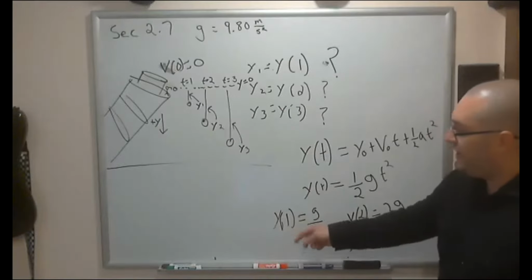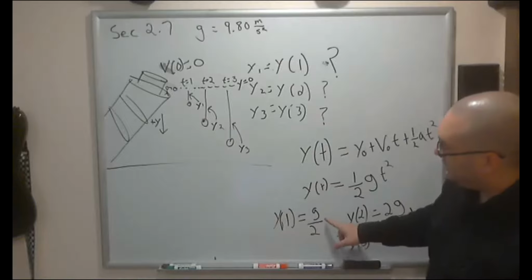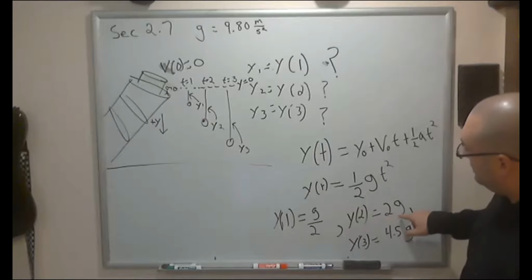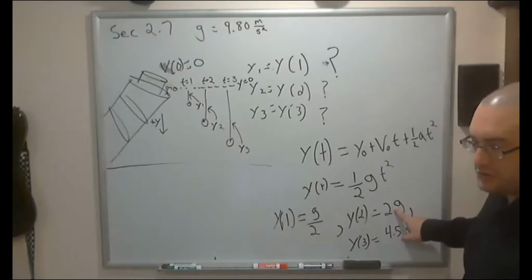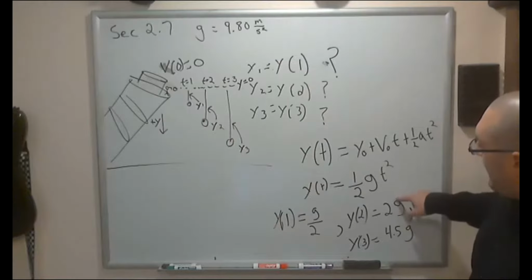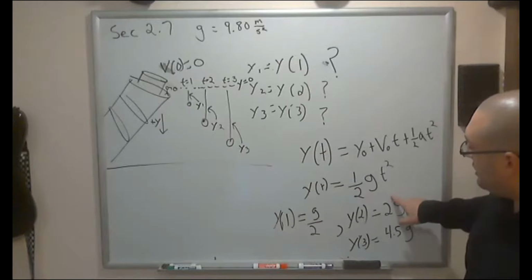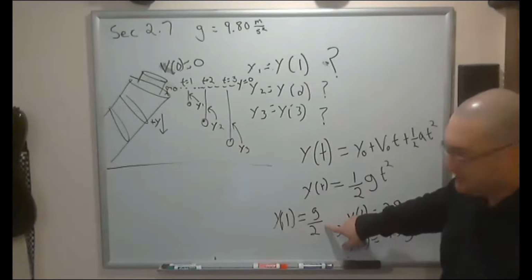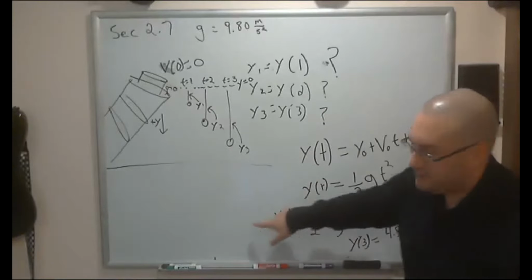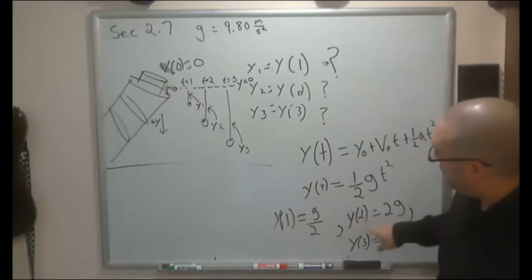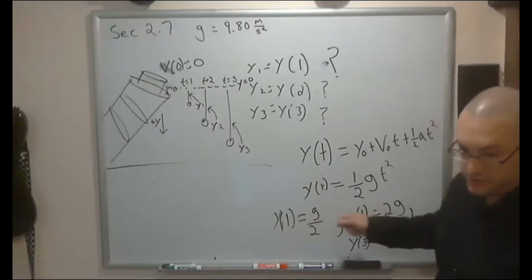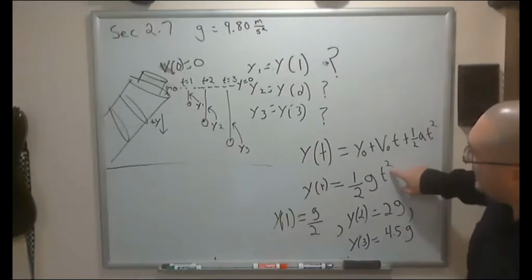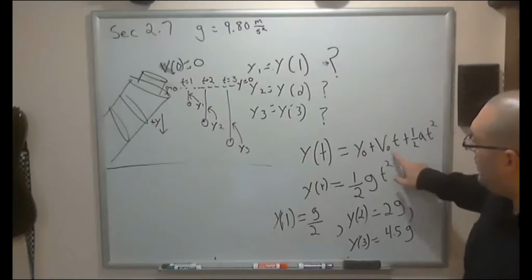If you compare going from 0 to 1, it only travels 1/2 of g. But going to 2 seconds, it ends up at 2g, which is 4 times as far, and it was the same increment, going from 0 to 1 and then from 1 to 2. That's the acceleration: the velocity changes, so it travels 4 times as much, and that's because of the square.